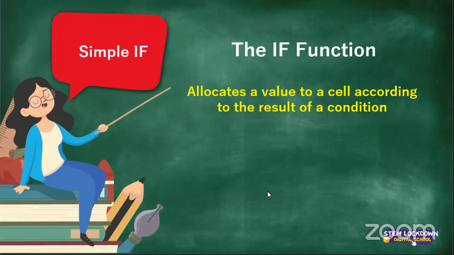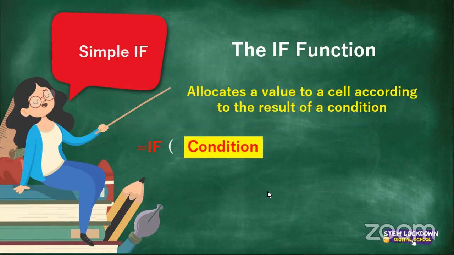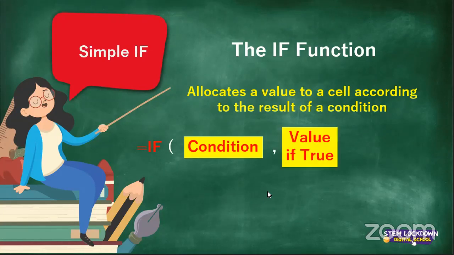a condition, right? And its syntax is as follows: equals if a condition. This is what you said. This is something that can be logically compared. Like if a number is greater than this number, if this number is equal to this number, then this value should be displayed in a cell if the condition is met, the condition that you would have set yourself, right?